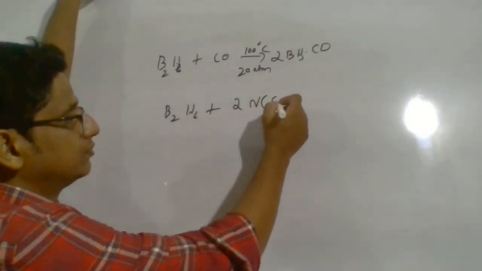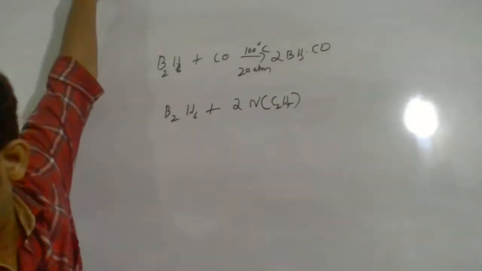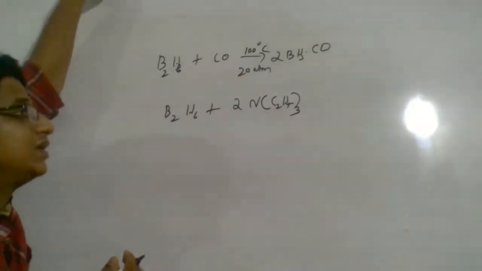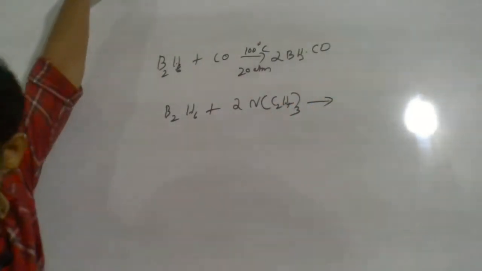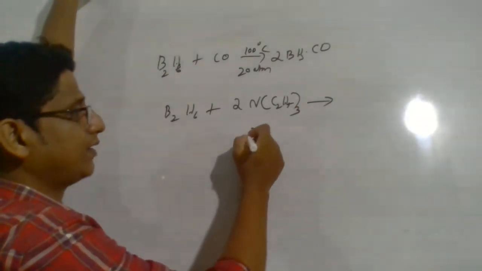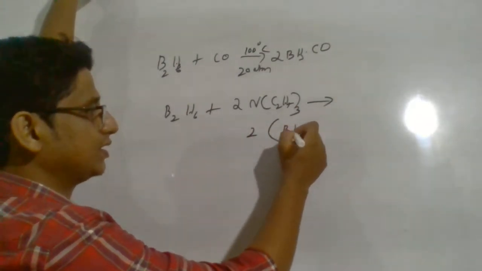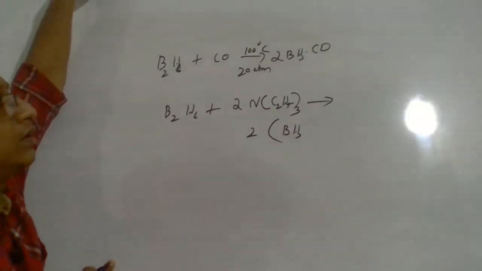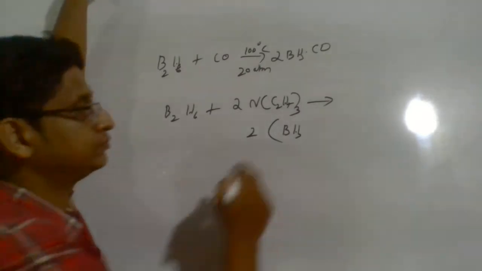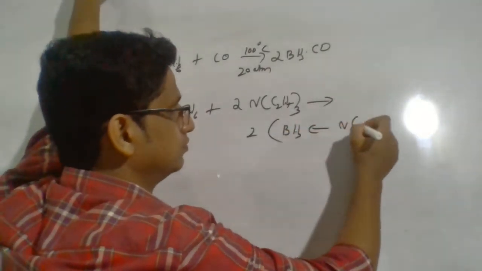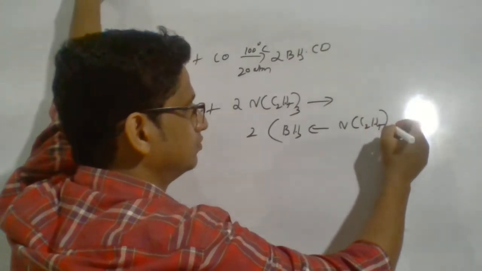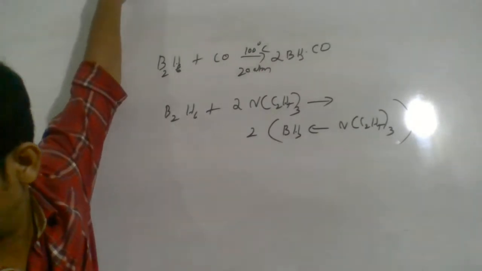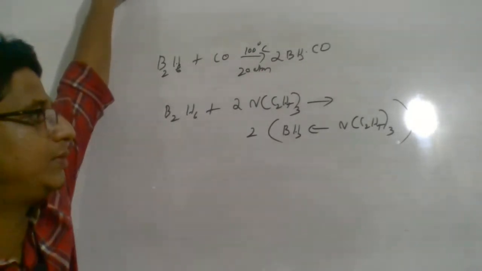Let me take one example this time: triethylamine. Triethylamine is one of the Lewis bases. When you treat diborane with the Lewis base, it will be split, and you can see an amine adduct will be formed.